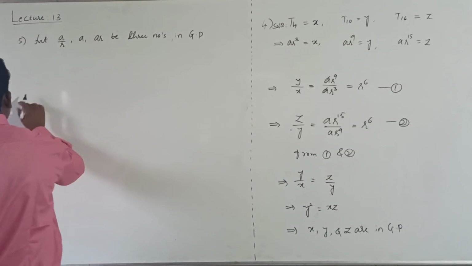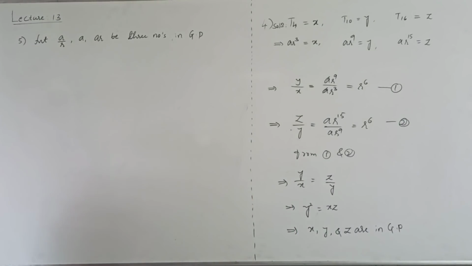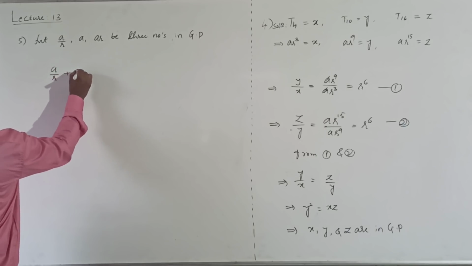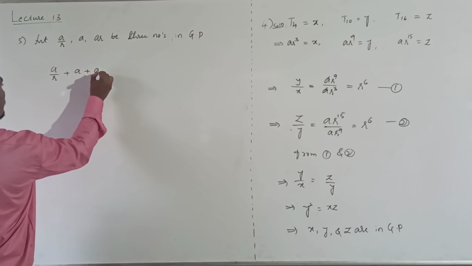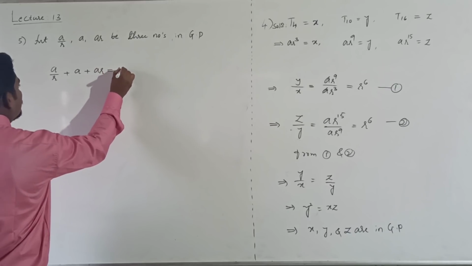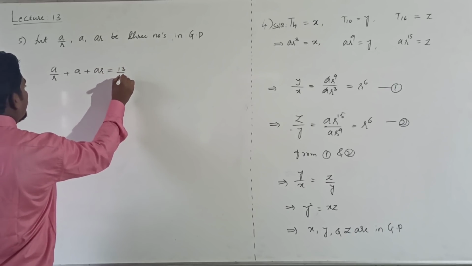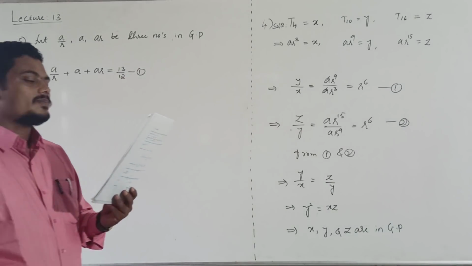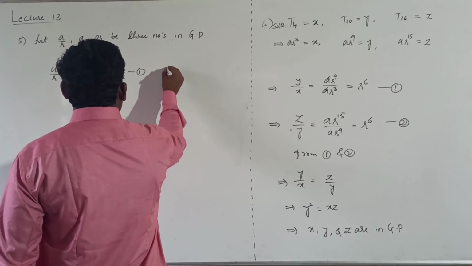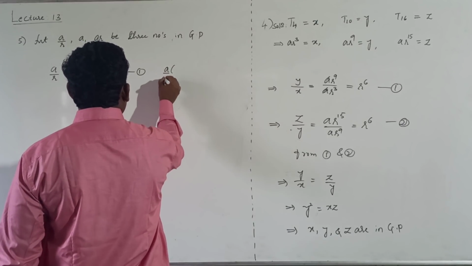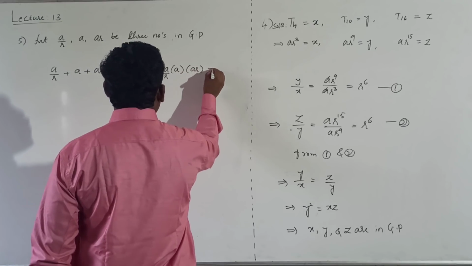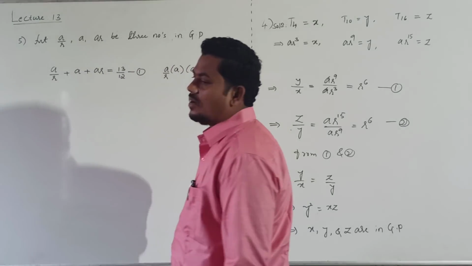And what have they given? Their sum is given. A divided by R plus A plus AR is equal to 13 divided by 12. Take this as equation number 1. Their product is -1, so A divided by R into A into AR is equal to -1.